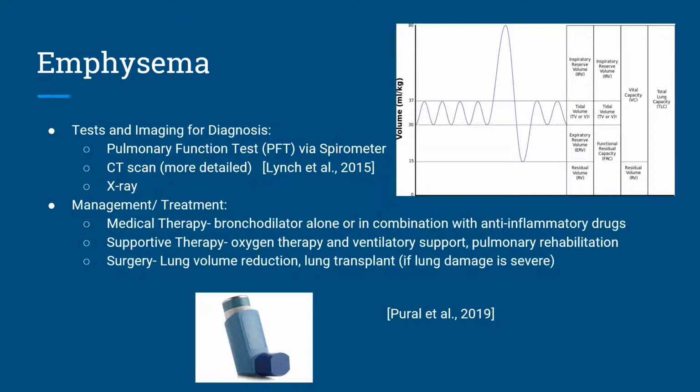And once diagnosed, these patients can be managed therapeutically with bronchodilators, sometimes in combination with anti-inflammatory drugs, as well as supportive therapy with oxygen and ventilatory support, and pulmonary rehabilitation. And then in very severe cases and disease progression, surgery can be consulted and potentially considered for lung transplant in very advanced stages.